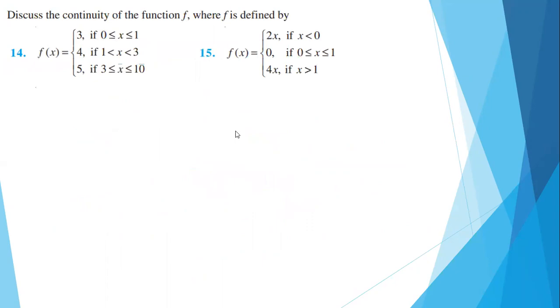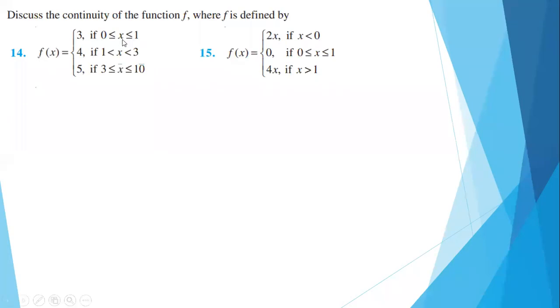Next, we are moving on to the 14th sum in the exercise. So here also, when x is between 0 and 1, what is the function you have? It is constant, isn't it? It is given, it is equal to 3. And we know constant functions are continuous, correct?